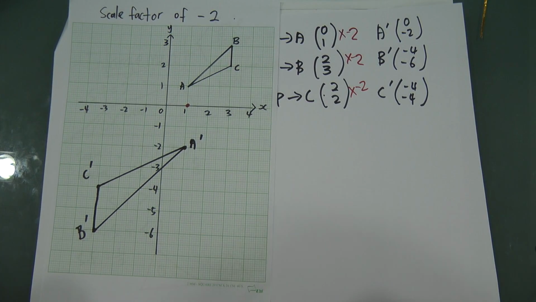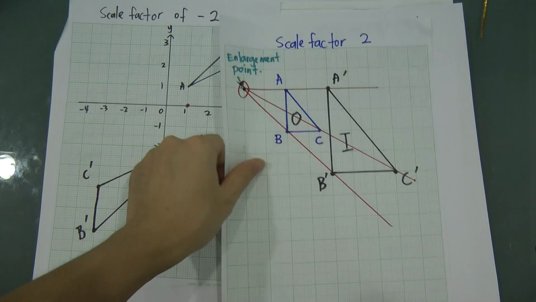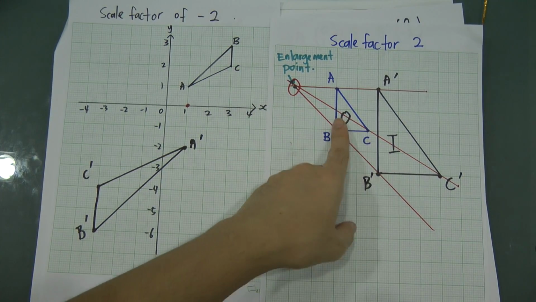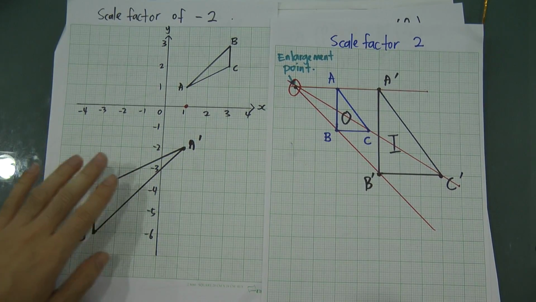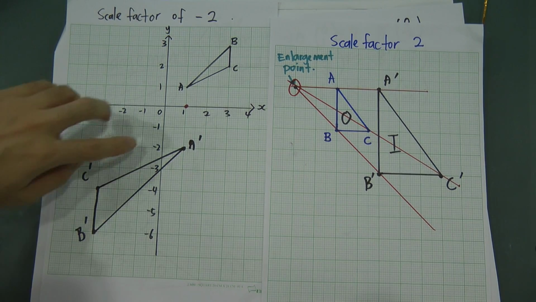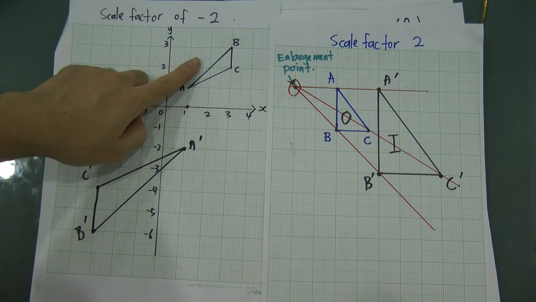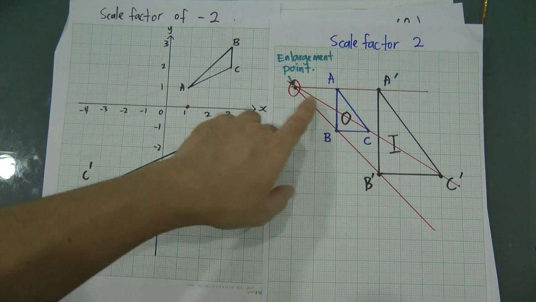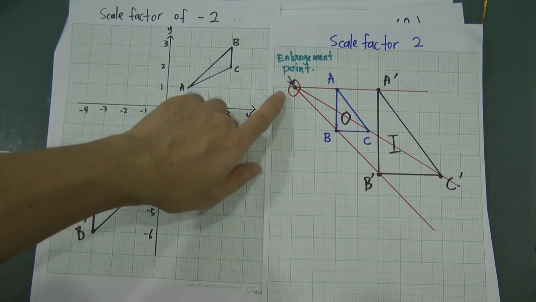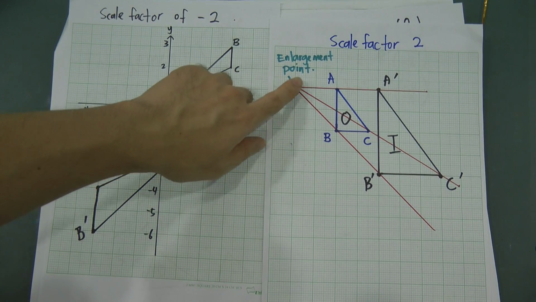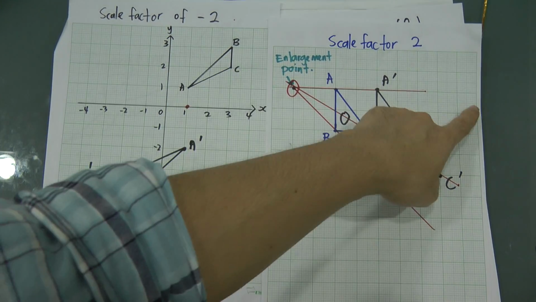Compared to those positive ones, you can see their pattern actually is the same. But for negative, most of the time they are in the opposite direction. Do you see this one in opposite? If no negative, you can see the enlargement point is not in the middle. Normally the enlargement point is on one side, or this side, or this side.